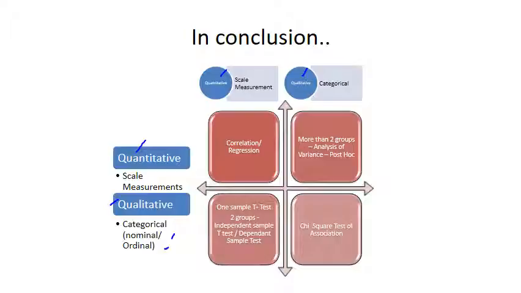We're going to be looking at these four quadrants where when we want to talk about the relationship between a quantitative scale measurement and a categorical variable, we would look into this quadrant here, and the other quadrants will then follow suit. So let's just start with this quadrant first.